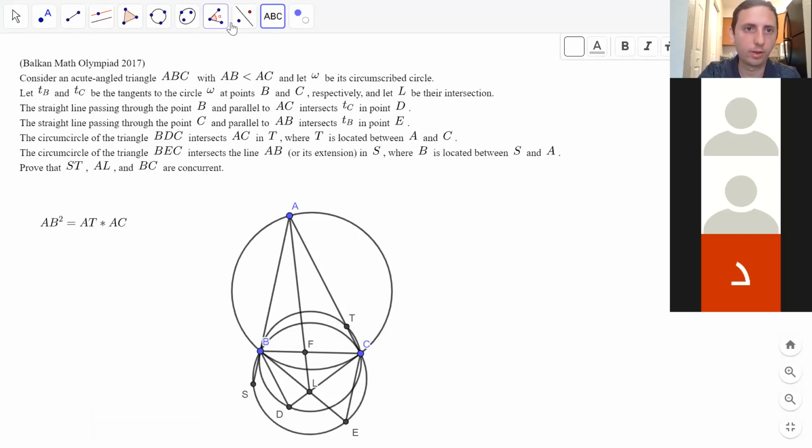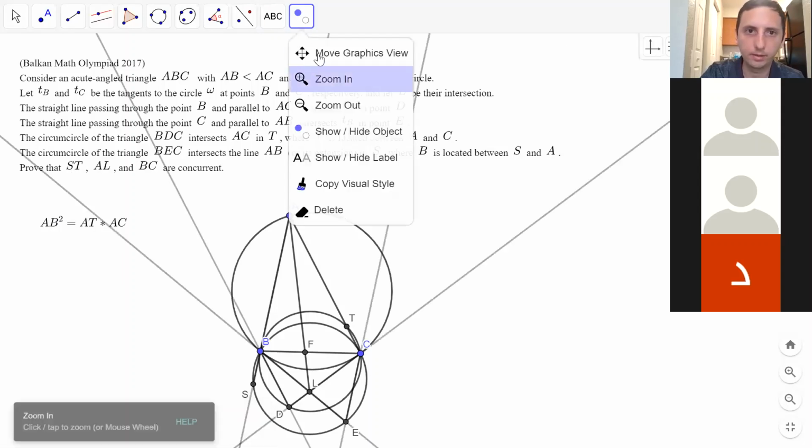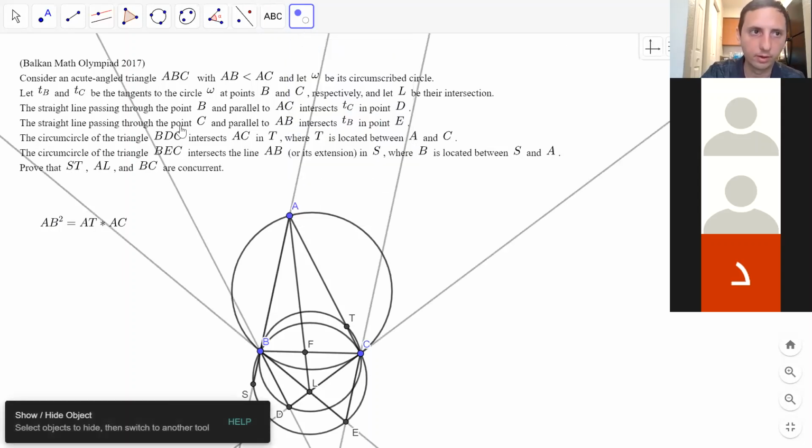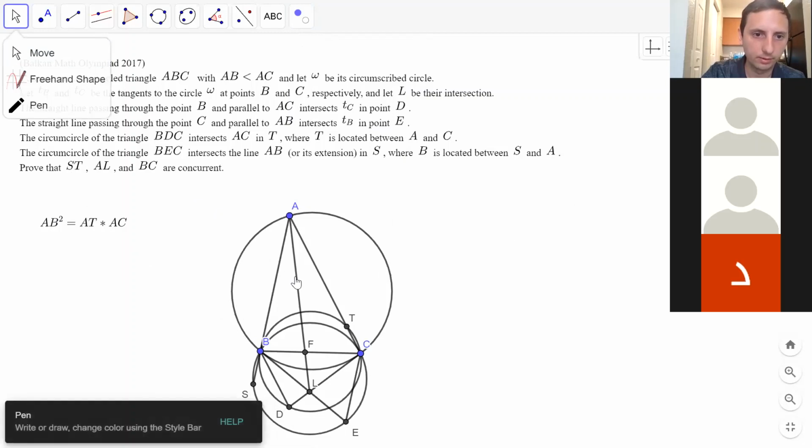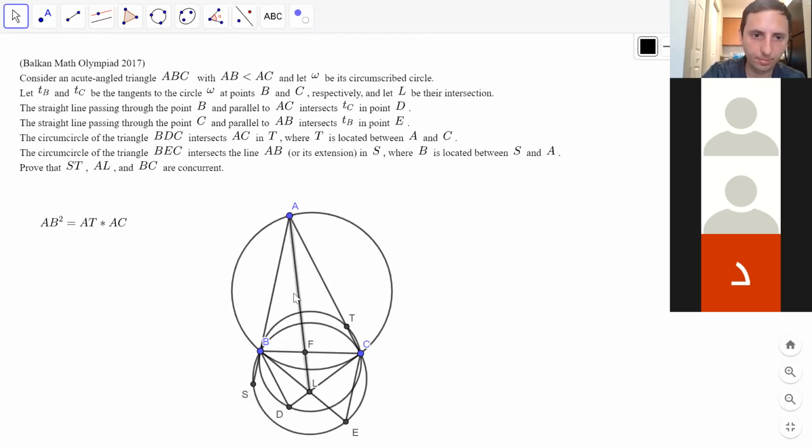Okay, so you let ST intersect BC at X. All right. So let me just delete this for now.